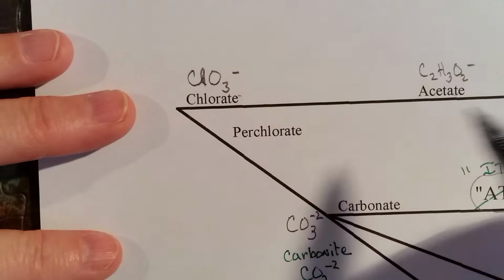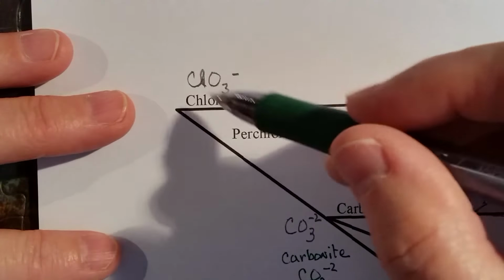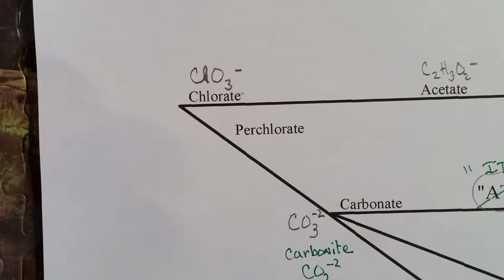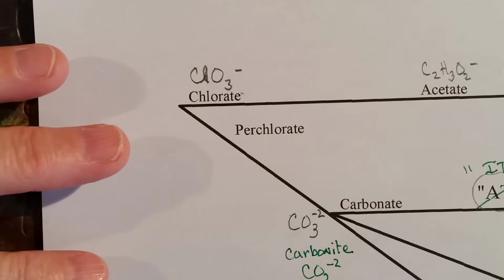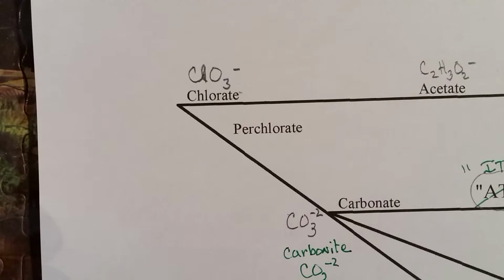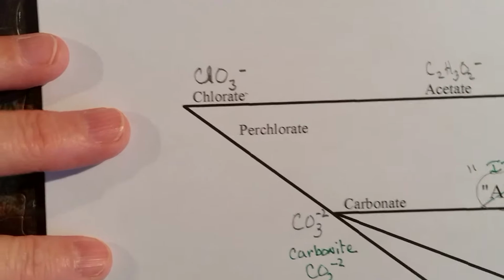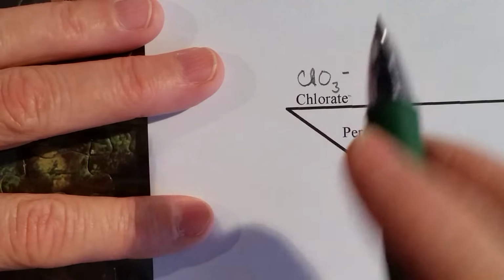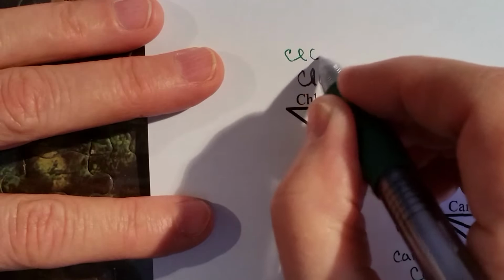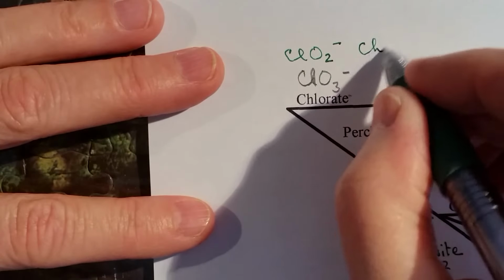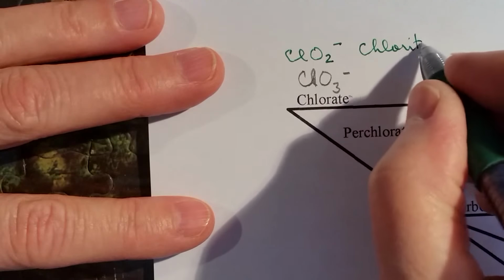First of all, these are halogens. Chlorine's a halogen, and it has a sort of running name that you're going to have to know. You know chlorate. So if you're going to do chlorite, it's going to be ClO2 with a -1. That's your chlorite.